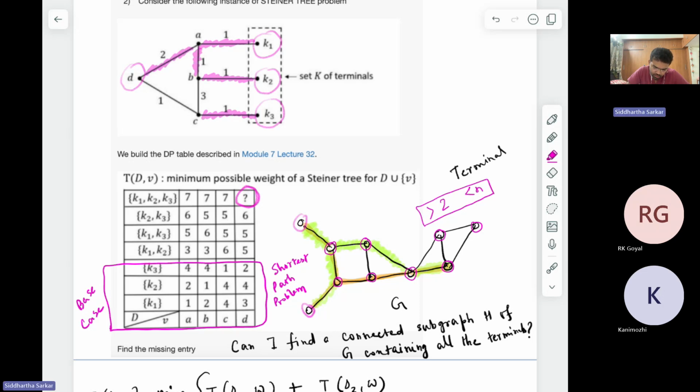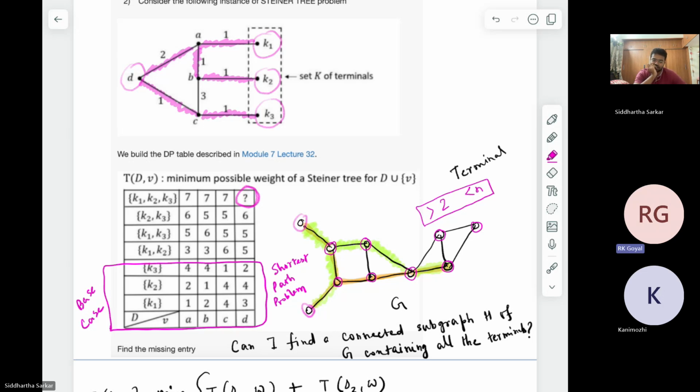I said AD and DC, but that won't be connected, I guess. So K1 to A, then A to D, and then D to C. I mean, this would definitely be there.